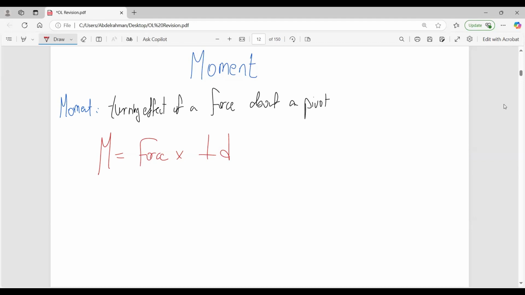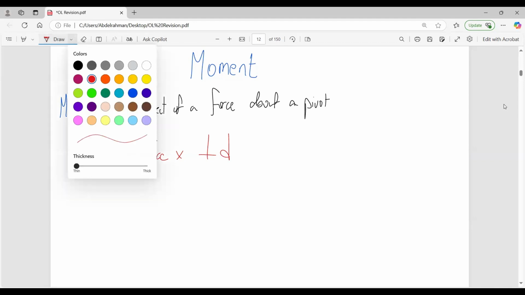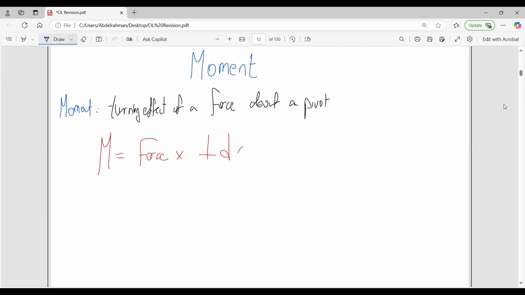Later on, we will talk about work done, which is force times distance moved. But for the moment, you need to find the force times the perpendicular distance between the force and the pivot. It's not just any distance. This distance is between the force and the pivot.